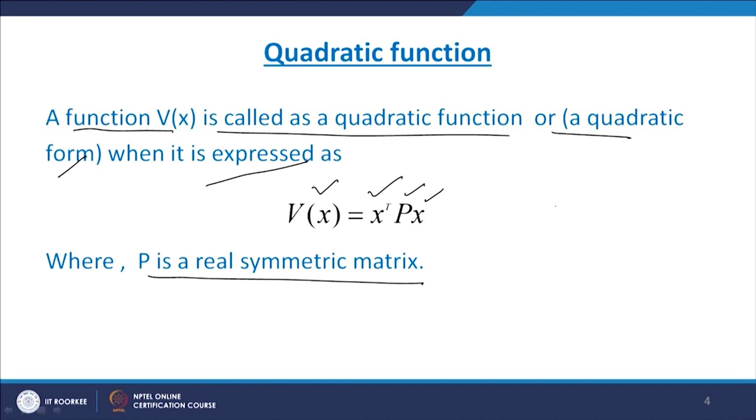So this x can be written as x1, x2 up to xn, and if you make it x transpose, it is x1, x2, xn. Now we will study how to formulate the quadratic equation, how we are saying that this P is real symmetric, and how this is useful in our Lyapunov stability analysis.